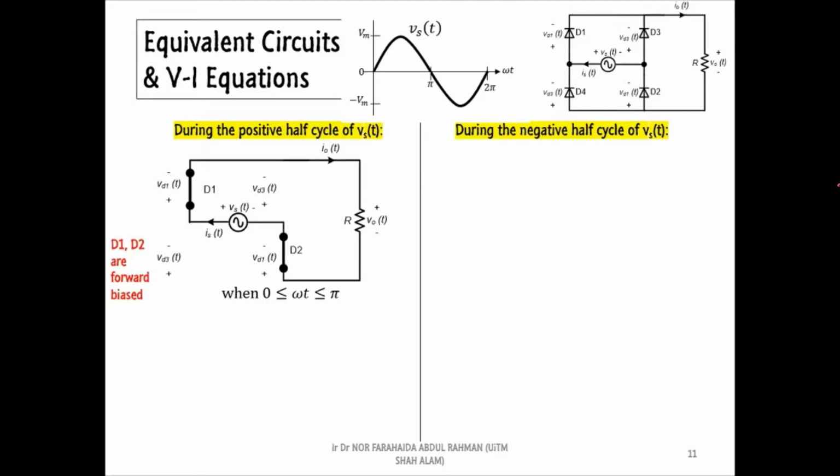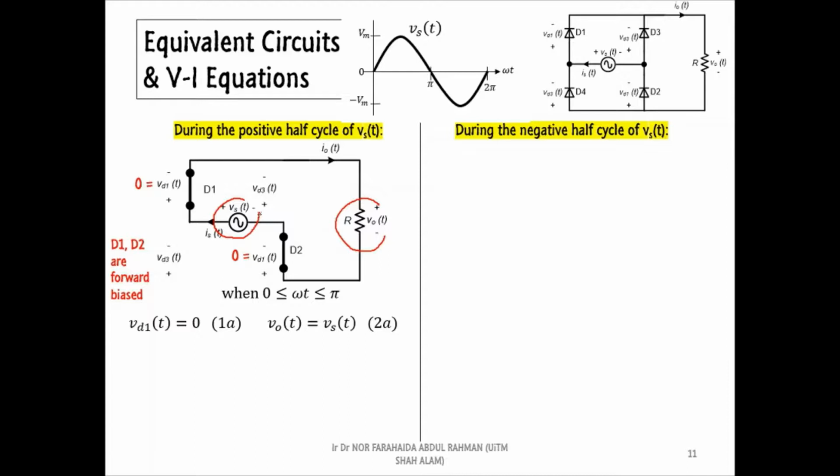First, when diodes D1 and D2 are in forward bias, automatically, the voltage value of both diodes is 0. Next, similar to the half-wave rectifier, we can see that the resistive load is connected in parallel with the AC source. Thus, the output voltage is equal to the supply voltage.